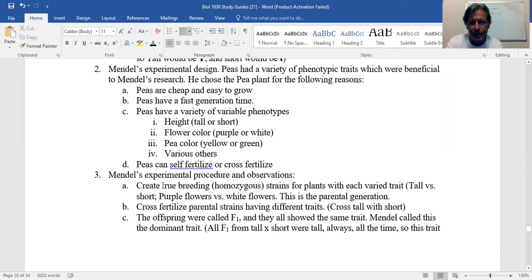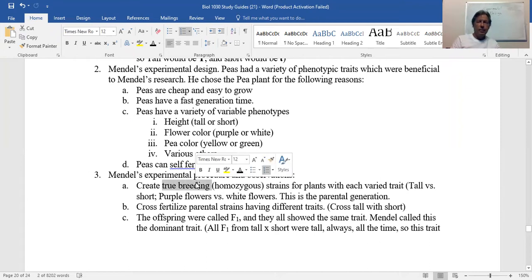And we look at this word. What does that mean? True breeding. Well, that really shows that Mendel knew that there were non-true breeding strains. What does that mean? That means I could take a tall plant, self-fertilize it, and get a short plant. What true breeding means is that whenever Mendel took that particular plant and self-fertilized it, he would only get the same phenotype as the parent.